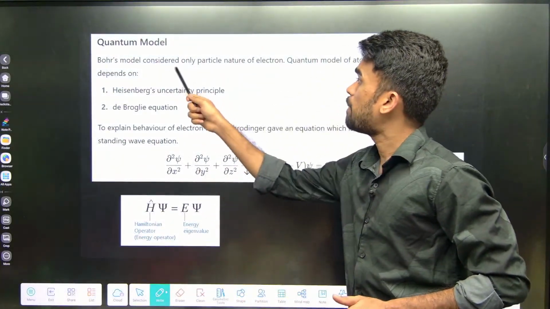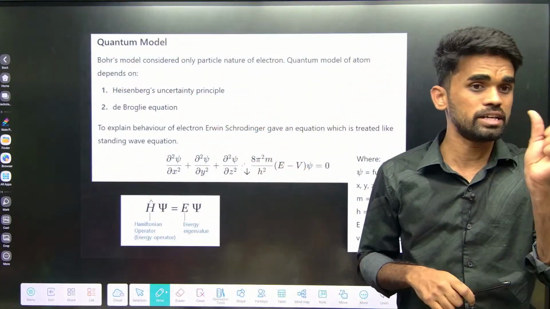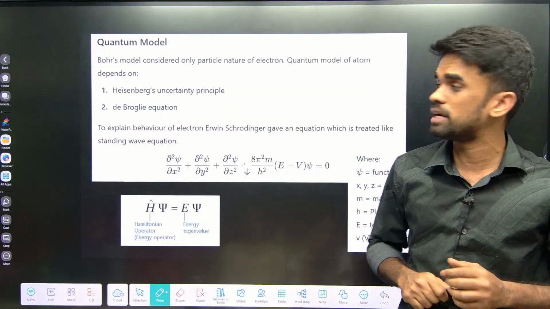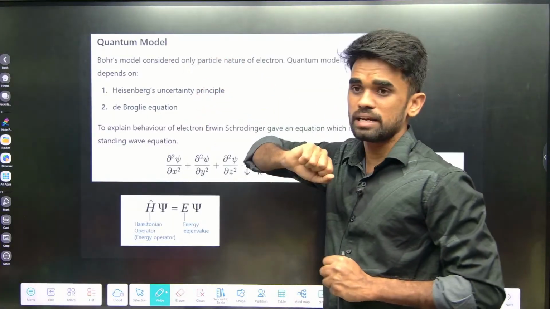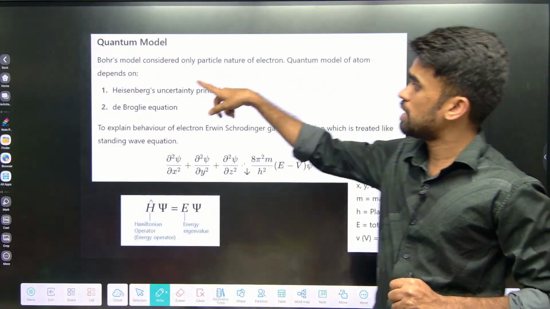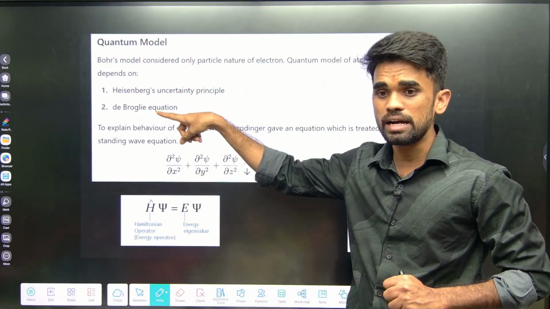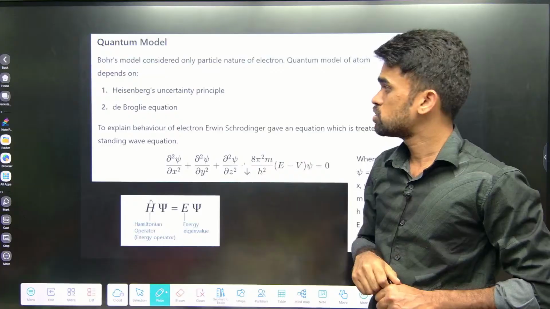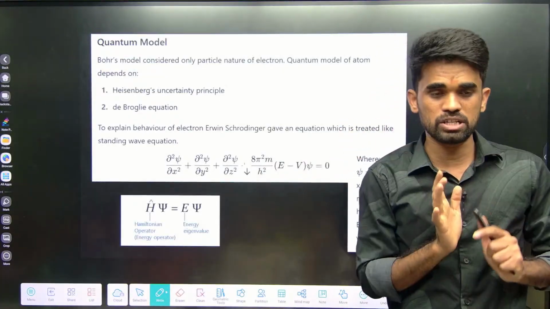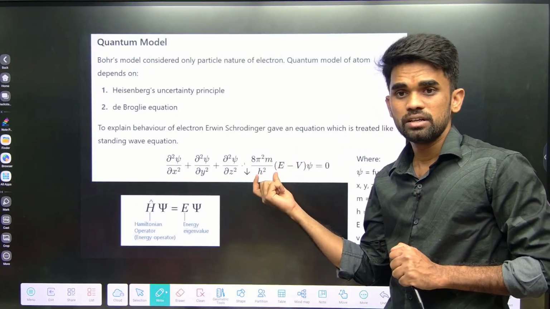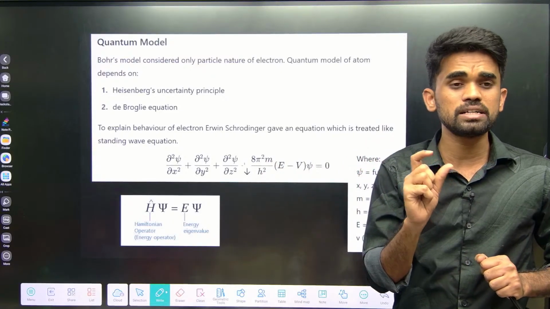Electron as a particle only. But when it comes to the quantum model, both the Heisenberg uncertainty principle and the de Broglie wave equation are considered. From that they got one equation called the Schrödinger equation.